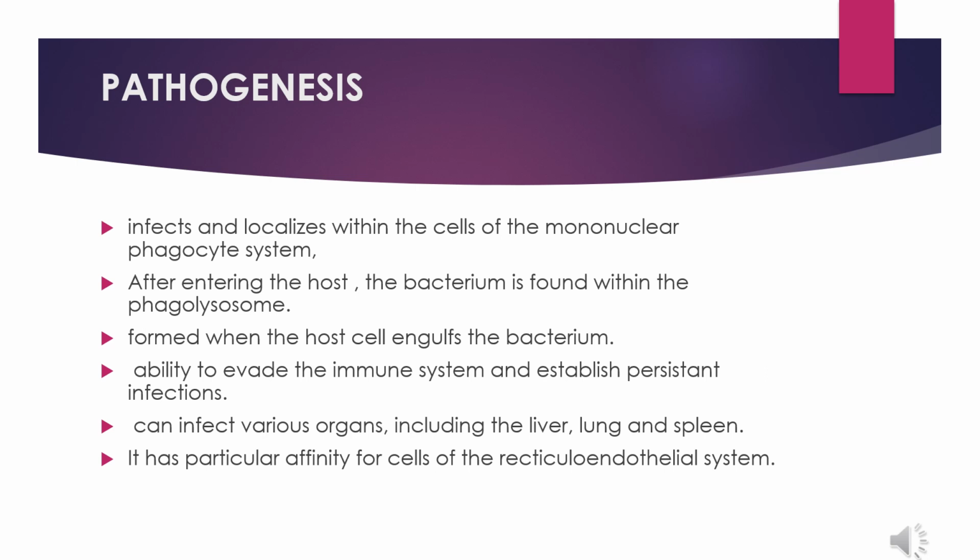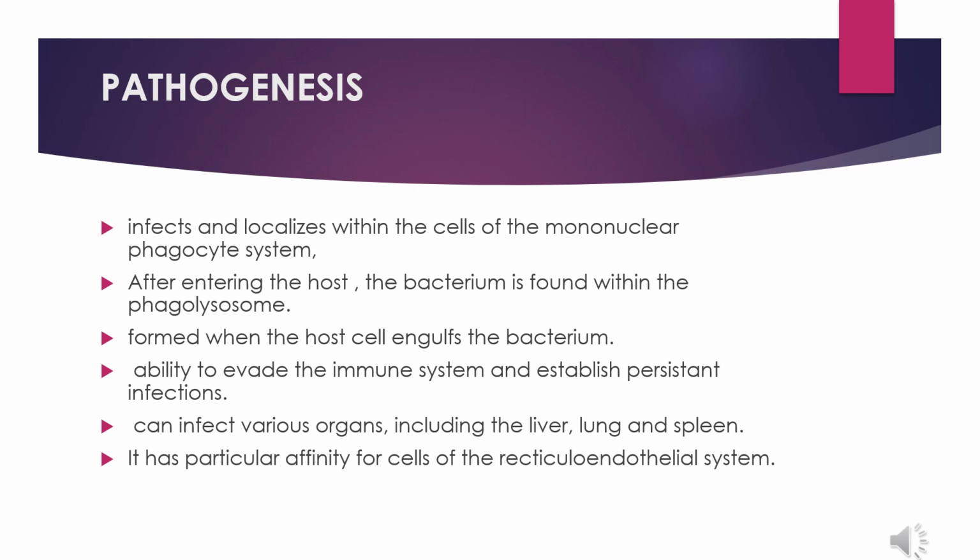And now let us move on to the pathogenesis of Coxiella burnetii. The infection may occur through the inhalation of aerosols which contain the bacteria. Ingestion of contaminated dairy products can also be the source of infection. Once the bacteria enters the host, it is phagocytosed by the macrophage.